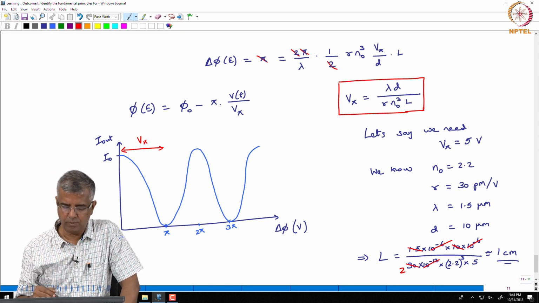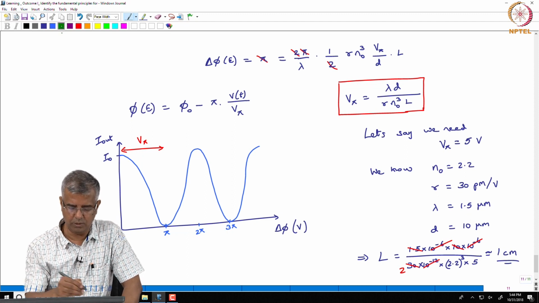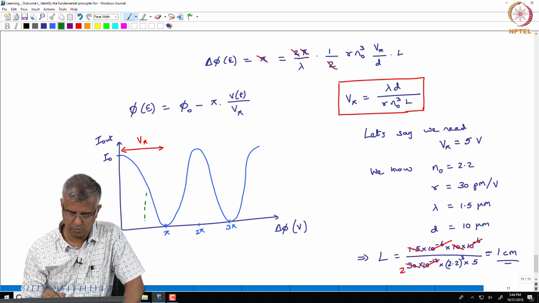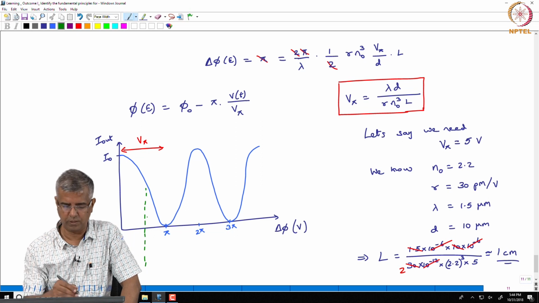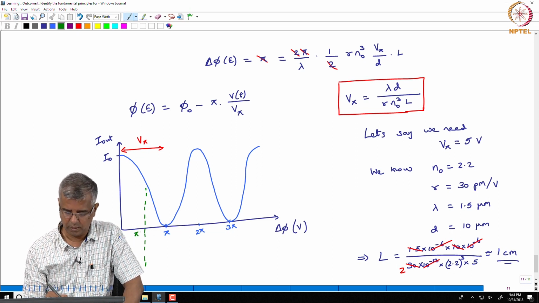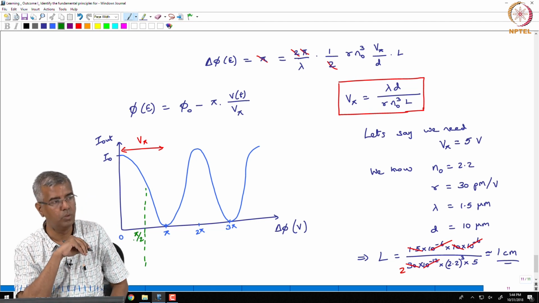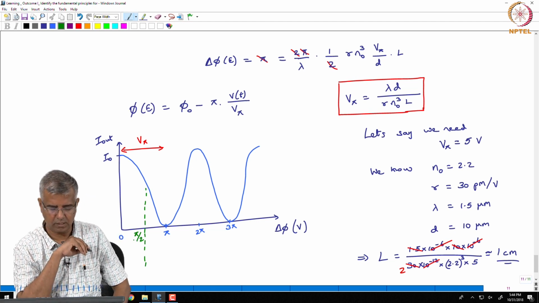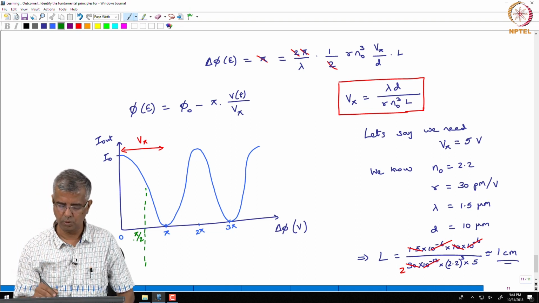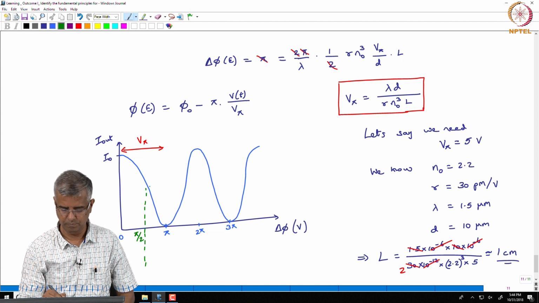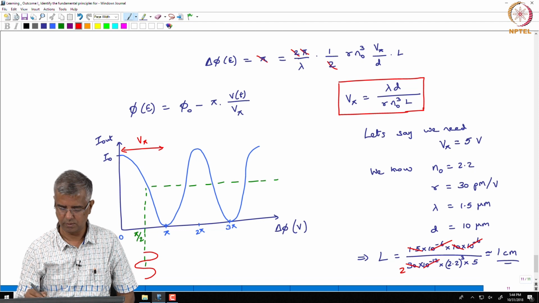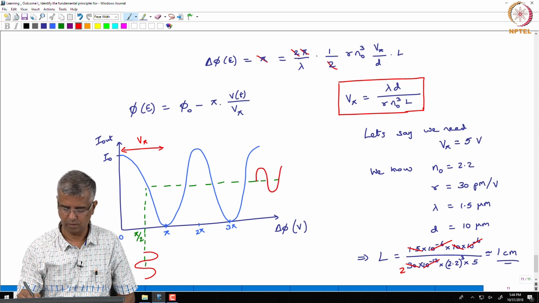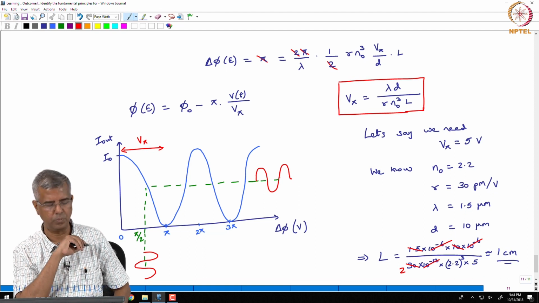So, if you have something like this, what you can afford to do is bias it. For a cos square function, the best place to bias it would be at quadrature, which is pi by 2. So, if you have a phase bias of pi by 2 between the two arms, and you have some voltage waveform like this, you see a corresponding intensity waveform at the output.